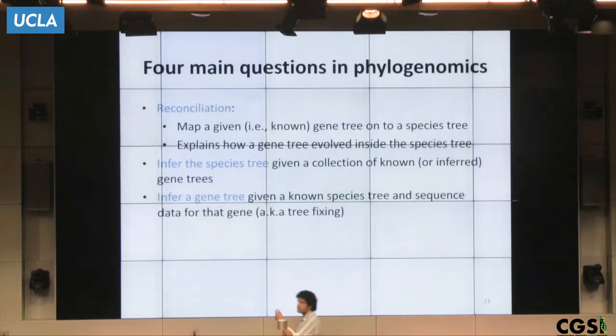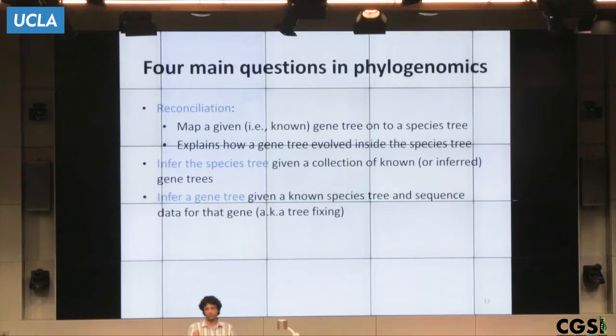There is also the opposite problem, which is also very important, less widely recognized, which is you have an estimate of the species tree that you think is accurate, and you are interested in the phylogeny of one gene only. Maybe it's a gene that has some functional importance to your study. When we infer the phylogeny of a gene, it's going to be inferred from a limited length, right?